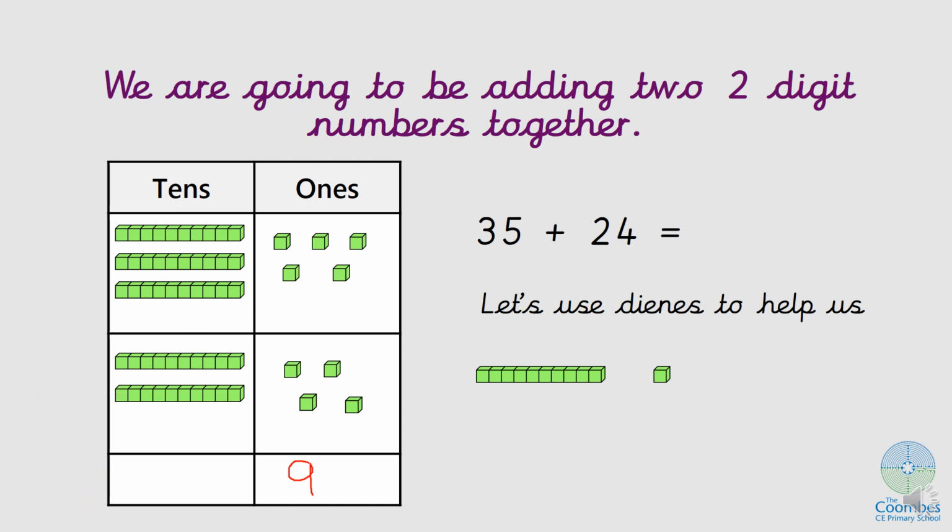So 5 tens are 50. And now what we need to do is add our tens and our ones together. So 50 add 9 is 59. Fantastic. And that is the answer to our calculation. So 35 add 24 is 59.